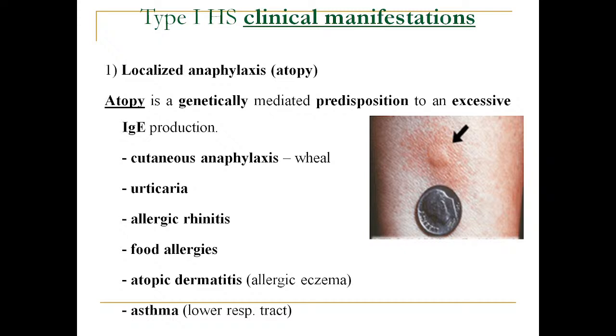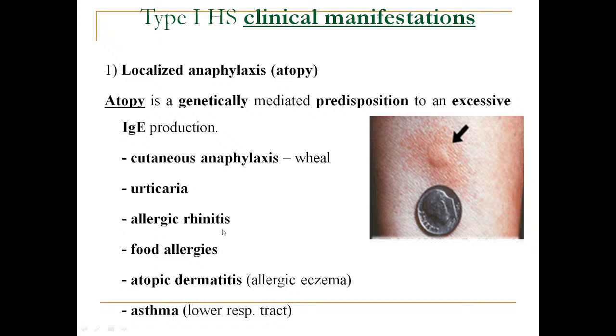But in some patients, these genes are activated and they provide a hyperproduction of IgE. So what are visible manifestations of atopy, localized anaphylaxis? It is a cutaneous anaphylaxis when we can see urticaria, I will show in the next picture.